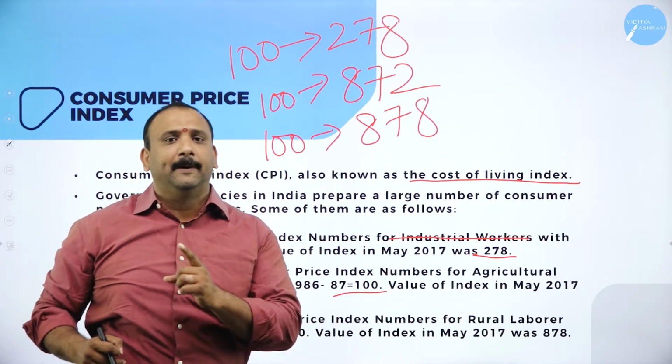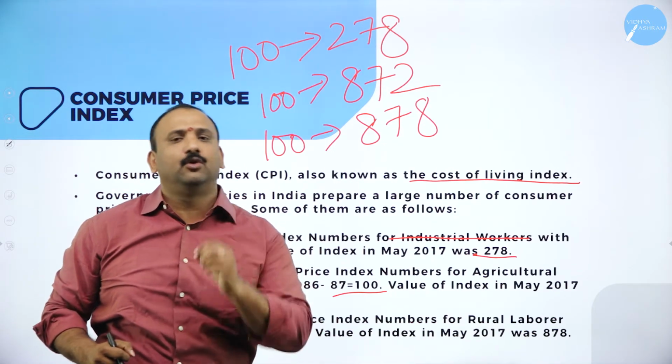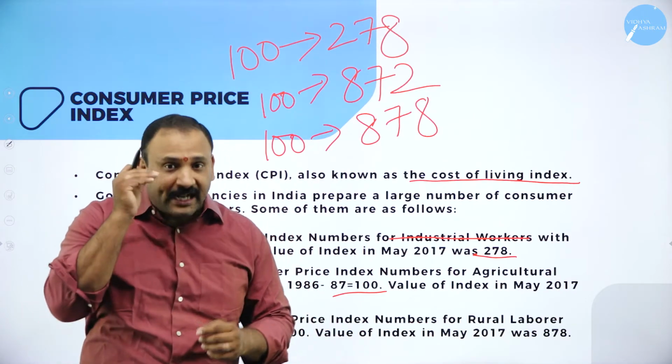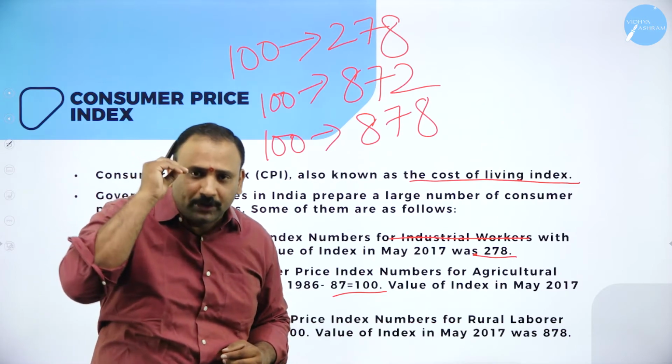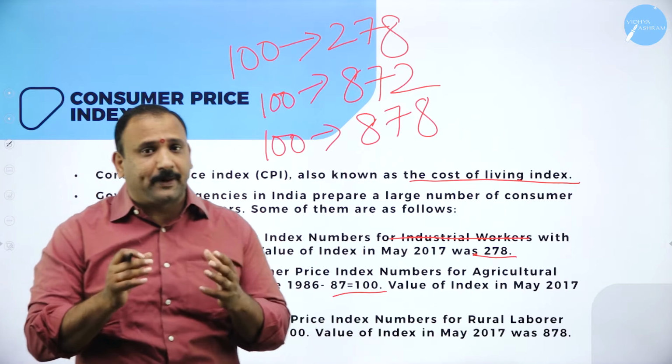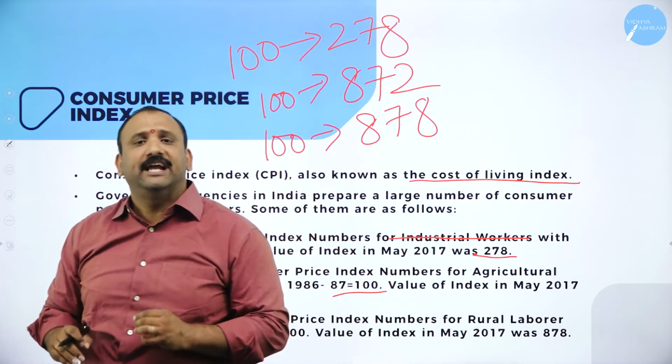So an index number is not just going to be a numerical value to look upon, but it is the factor that is going to tell you how the trend is being set. So the consumer price index is a very, very important scale to measure.